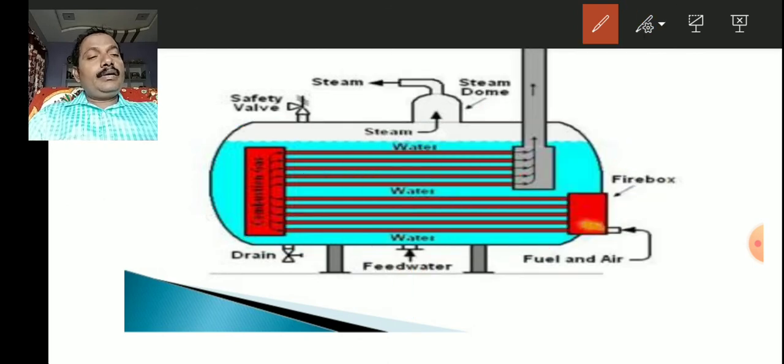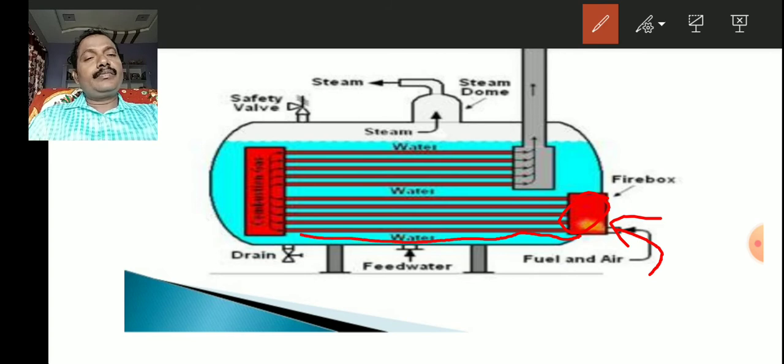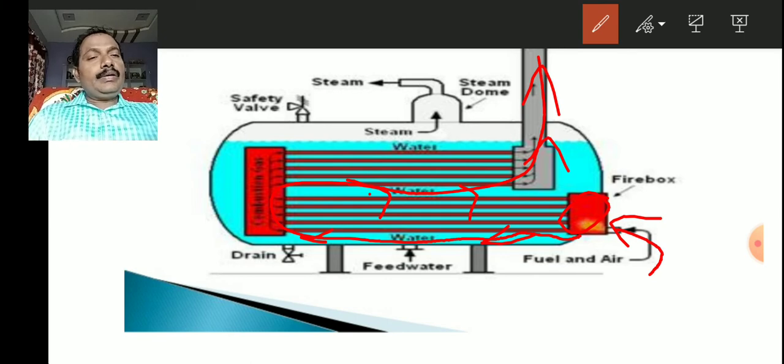The fuel and air are supplied into the furnace here. This is the furnace. The furnace will produce the hot gases. These hot gases are running through the pipes like this. So the hot pipes will transfer the heat to the water.